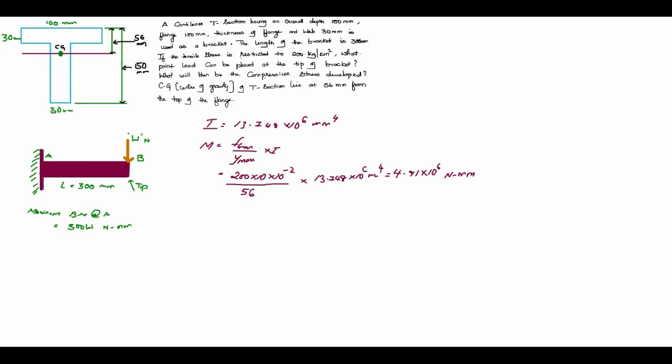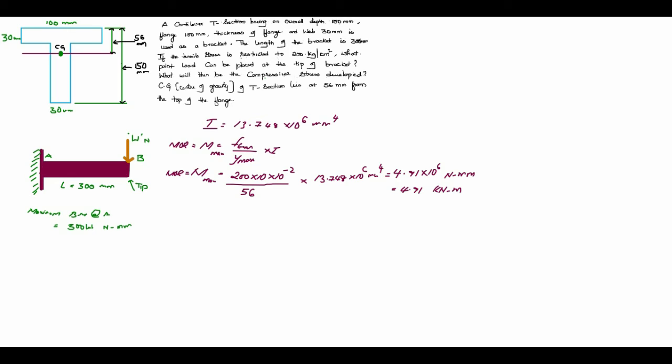Of course, this would be around 4.91 kilonewton meter. So this is the maximum bending moment, M max, which is equals to moment of resistance, MOR.